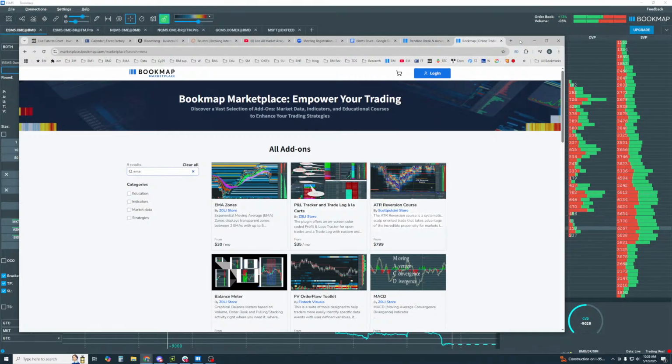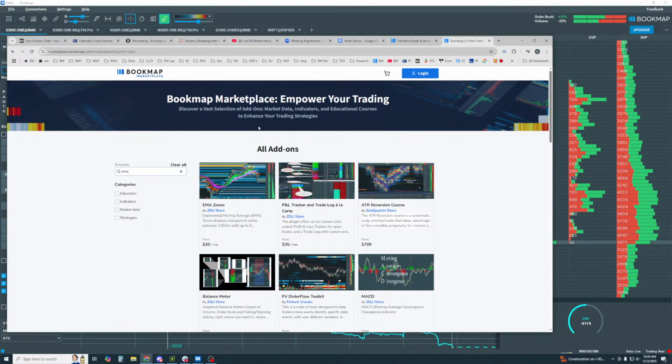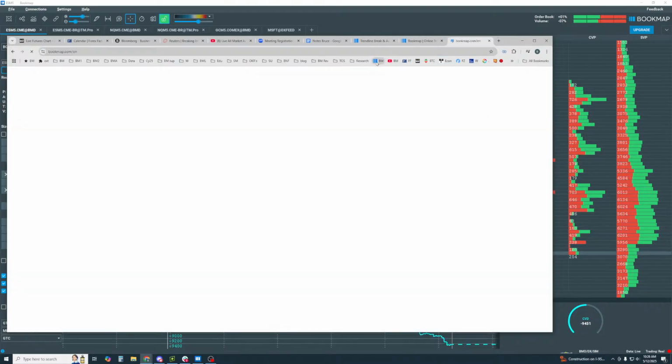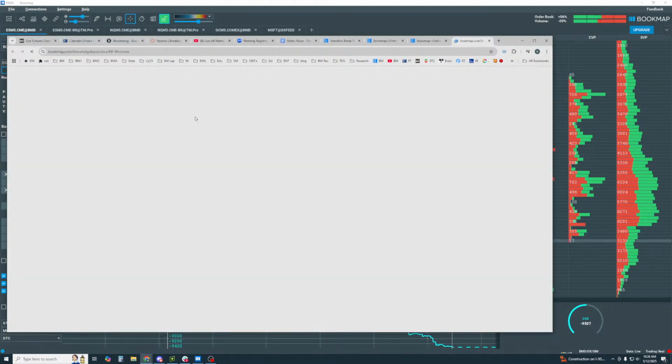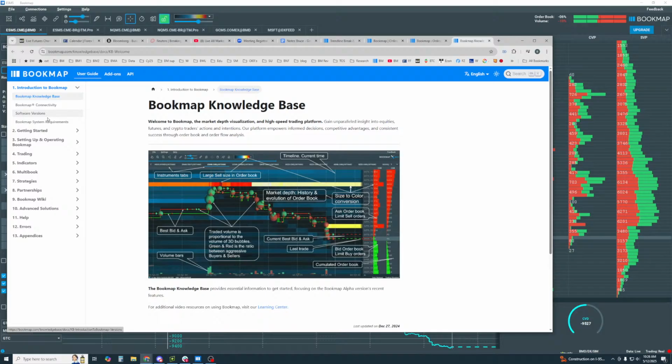So we're also a client in the marketplace, so we created some add-ons and put them into the marketplace. It's our API basically. If you want more information on that, I can also show you. Just go to bookmap.com, click on the more button, and then go to the knowledge base here. So this is where the marketplace all came from, was offering an API to everybody.